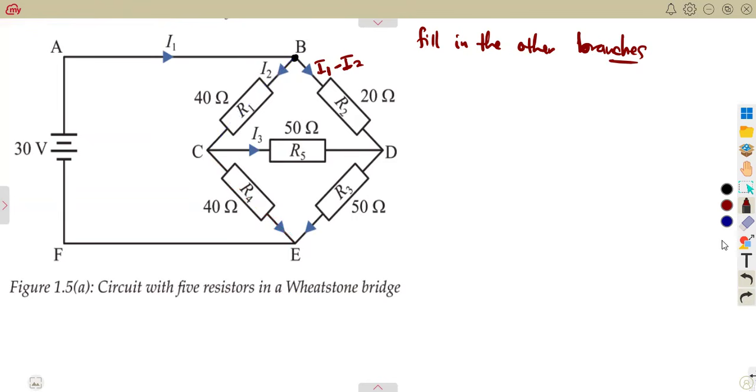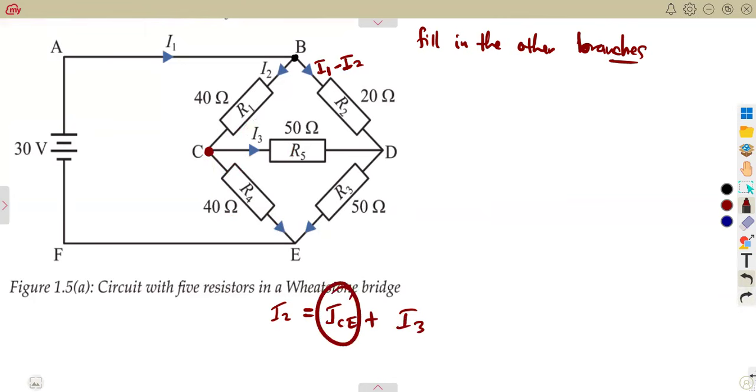The sum of currents that are flowing in at point C, what is flowing in? That is I2. Must be equal to those ones that are leaving, which is this one, in the branch of CE, plus this one that is leaving, which is I3. These are the currents that are leaving. The current in this branch of CE and the current of I3.